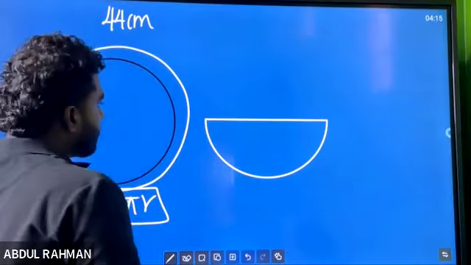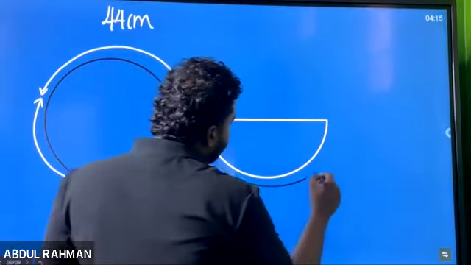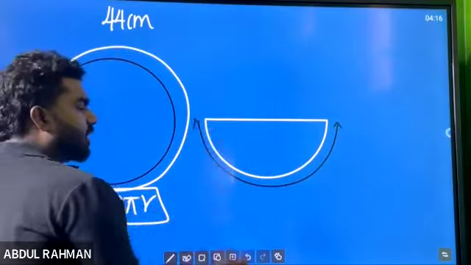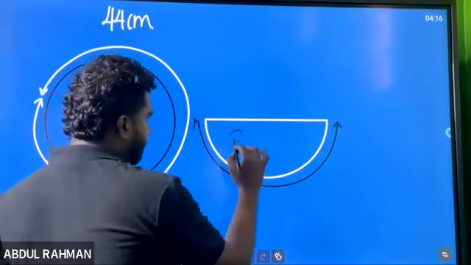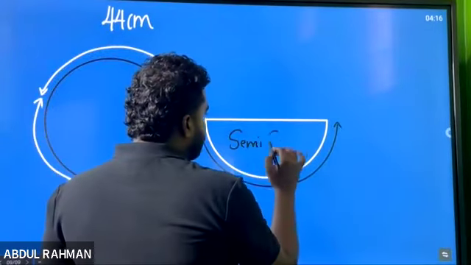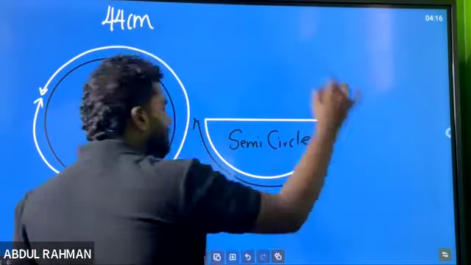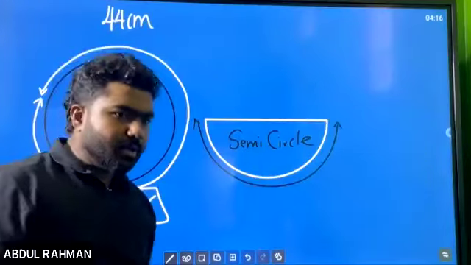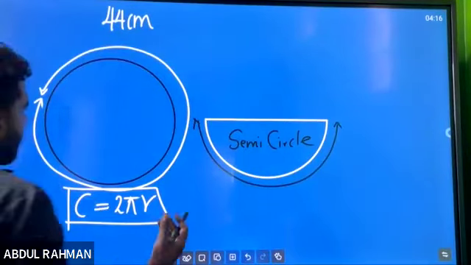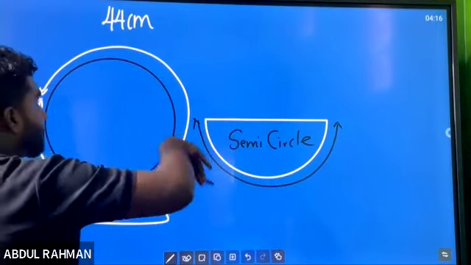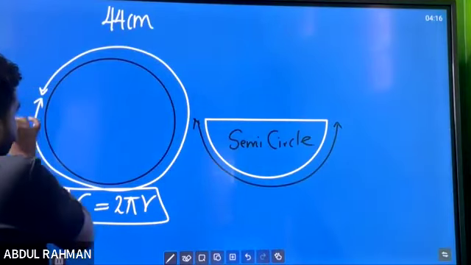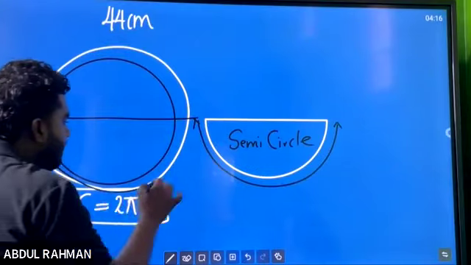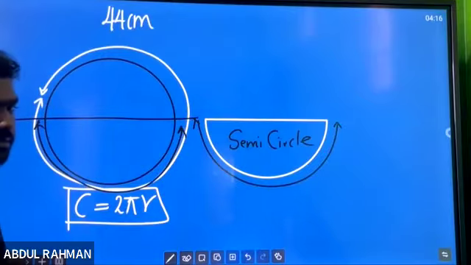Now I need to find the curved length of the same circle where the same circle has been divided into two portions. This is a semicircle, in the sense half of a circle. If the whole portion is 44, if I divide this circle into two, this length here would be half the length, right?